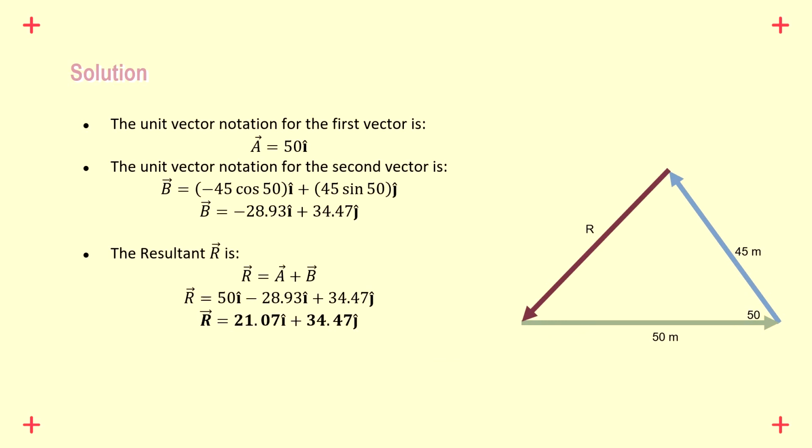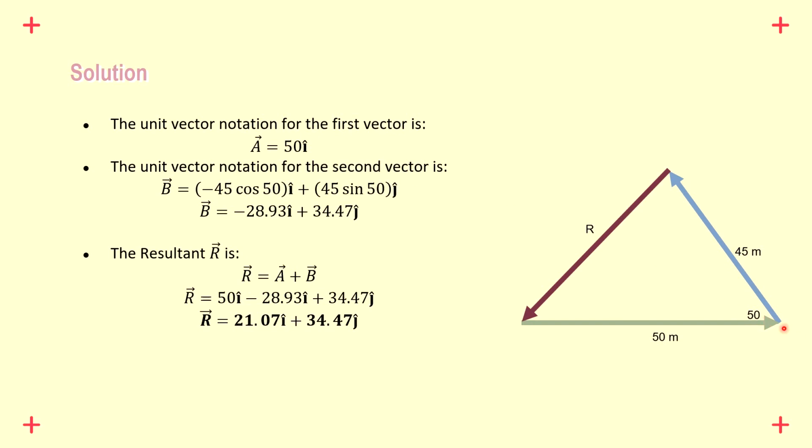The unit vector notation for the first vector, A, is 50i, because we don't have a y component for this. She is only going straight east, so no y component is involved here, and we only have 50i. The unit vector notation for the second vector, when she made a sharp turn 50 degrees north of west, will be negative 45 cosine 50 i.